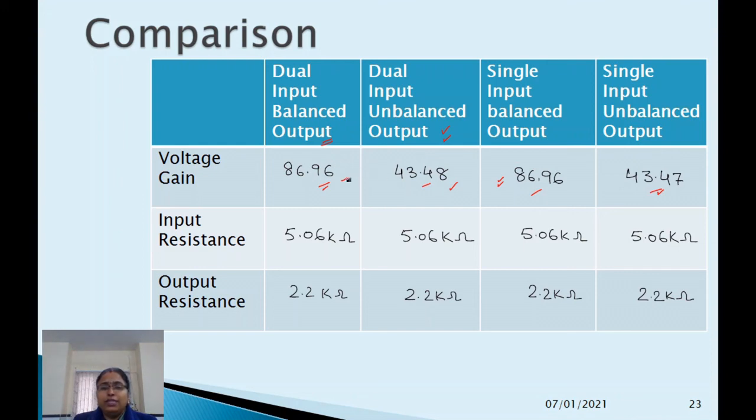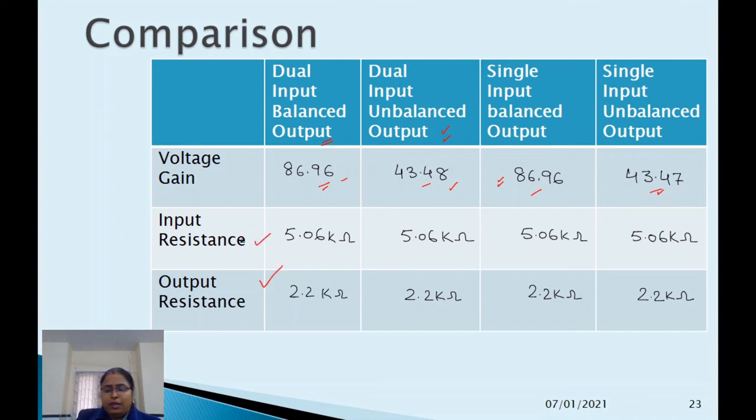But what we can see is that the change in the voltage gain depends on the manner in which we are taking the output. And in case of balanced output, either single or dual input, the voltage gain is higher as compared to the voltage gain achieved with the unbalanced output, right? But the input resistance and output resistance are similar for all the four configurations.